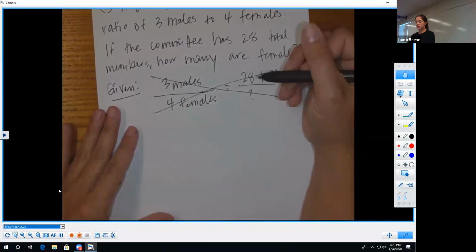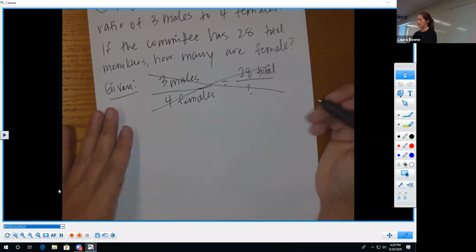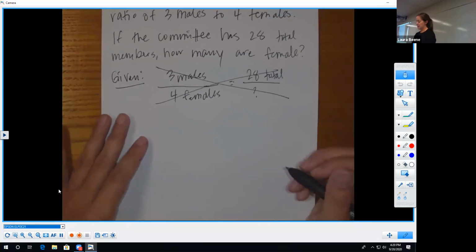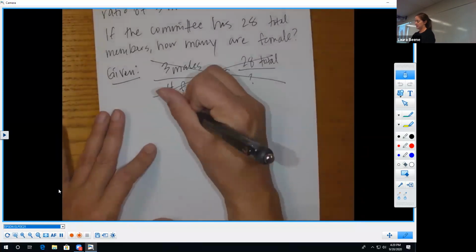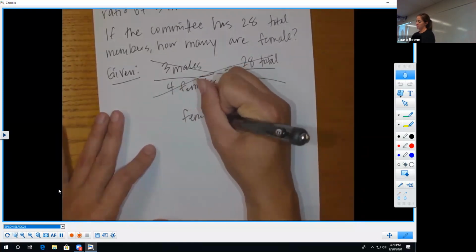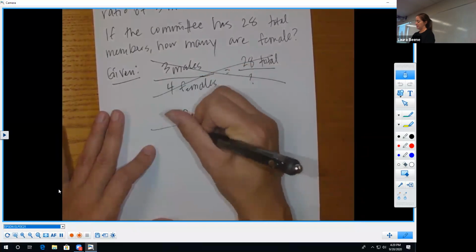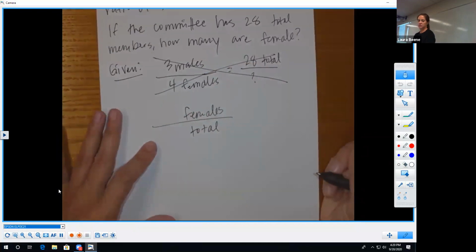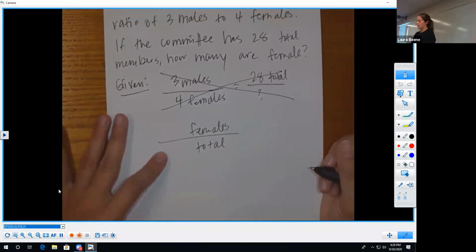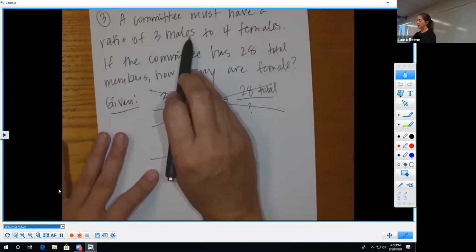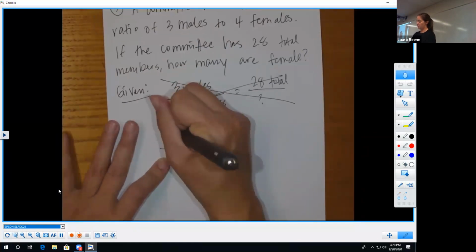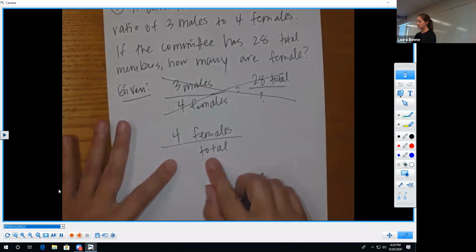Instead, if I want to do total members and females, I would need to think about it as females. You can put females on top or on bottom. I'm going to put it on top. But females to total members. So the ratio of 3 males to 4 females, there are 4 females for how many total members?